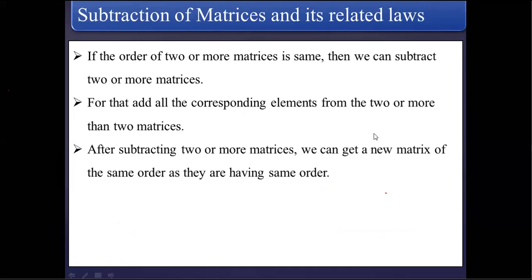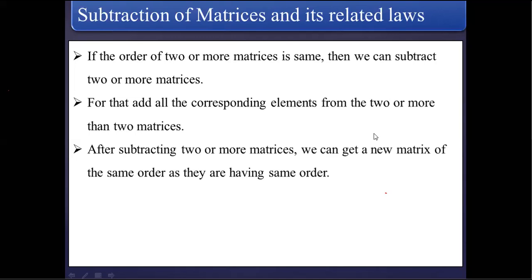Now, how can we use the subtraction law? The law of subtraction is used if you want to subtract one matrix from another matrix. Again, the rules of this law are the same as addition of matrices.